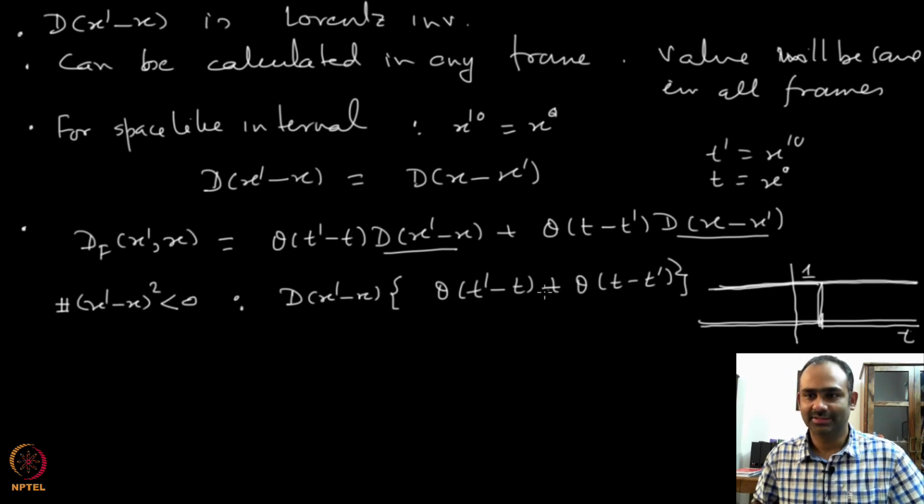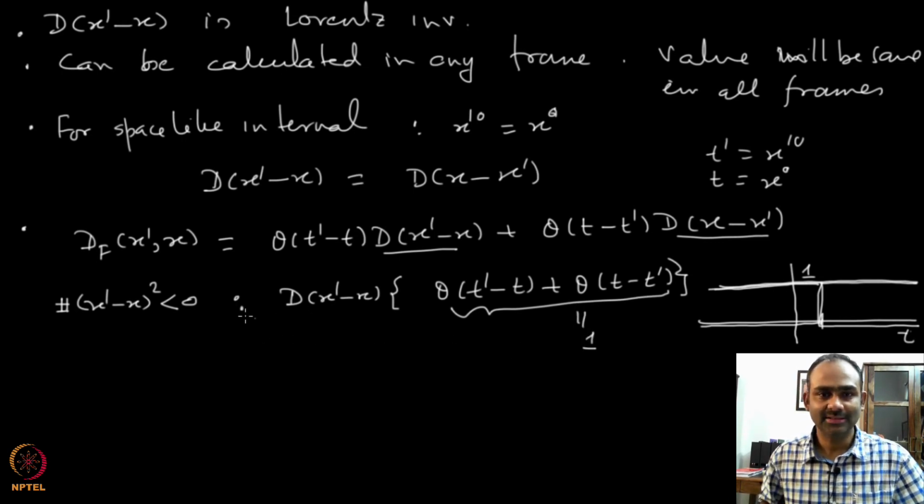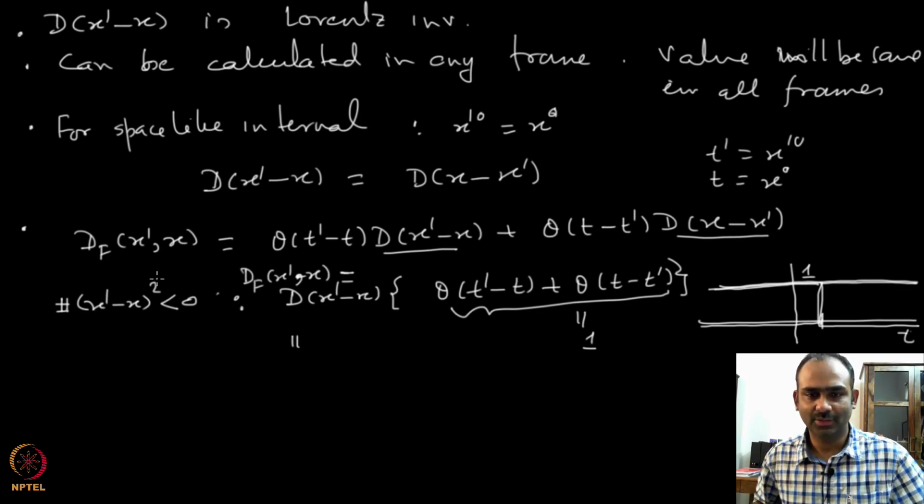Okay. So, this is identically equal to 1, which means df, so for x prime minus x square less than 0, df x prime x is equal to d of x prime minus x.